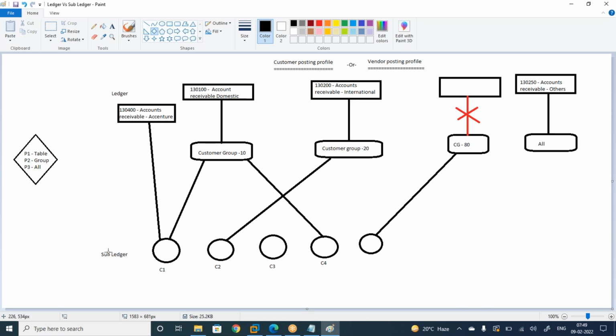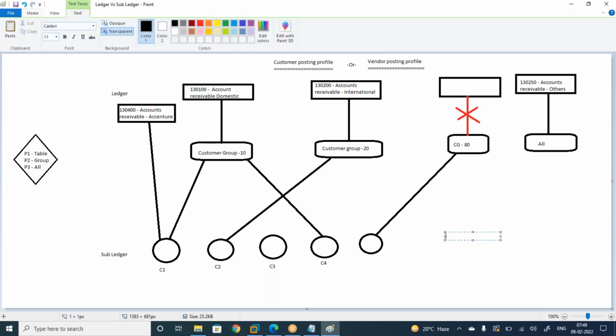So all customers are subledgers. All vendors are subledgers. All items are subledgers, item masters. All bank accounts are subledgers. All fixed assets are subledgers.